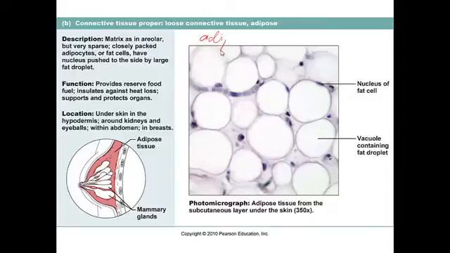And in chapter 2, you learned about triglycerides. Triglycerides make up the large majority of these cells. The entire cell is actually filled with a fat droplet, a lipid droplet. And this is almost entirely going to be triglycerides, which are used as energy storage.